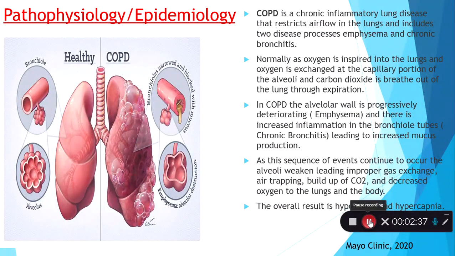In addition to increased mucus production and narrowing of the bronchial tubes, alveolar walls are destroyed and the alveoli are not properly able to make gas exchange between oxygen and carbon dioxide, causing an increased amount of carbon dioxide to remain in the lungs.